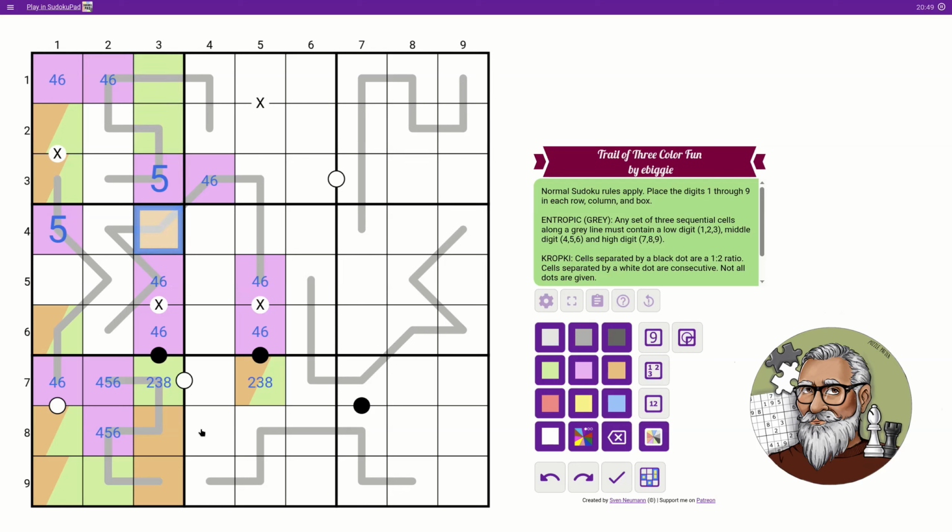Okay. So that helps because now I know that this is green. Right? Between the orange and the pink. And then this would have to be green, and this would have to be orange. No idea here. And this one would have to be orange. Okay, so far so good.